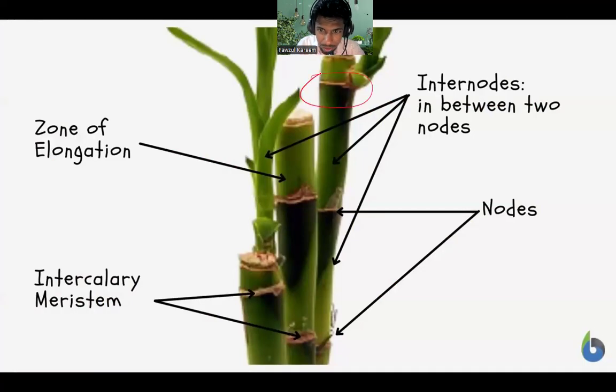Here we have the nodes. They will produce new cells in both directions, so the length of the internode will increase. So what will happen to the height of the plant? It will increase.